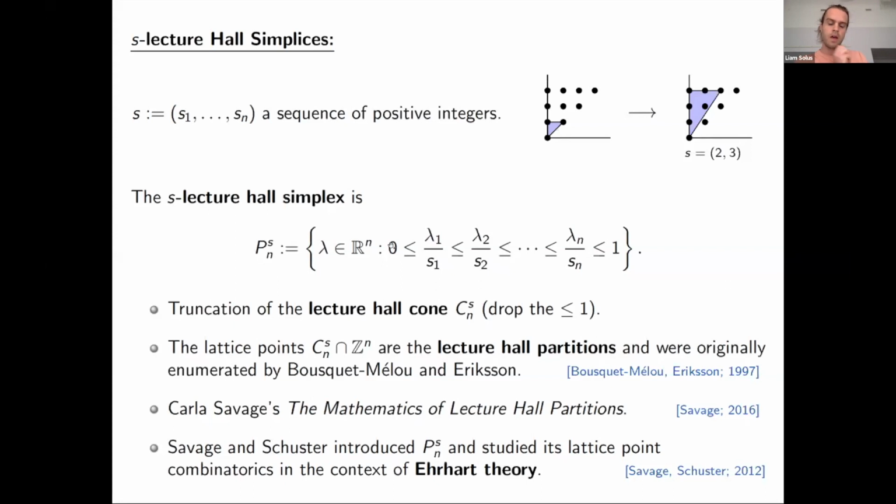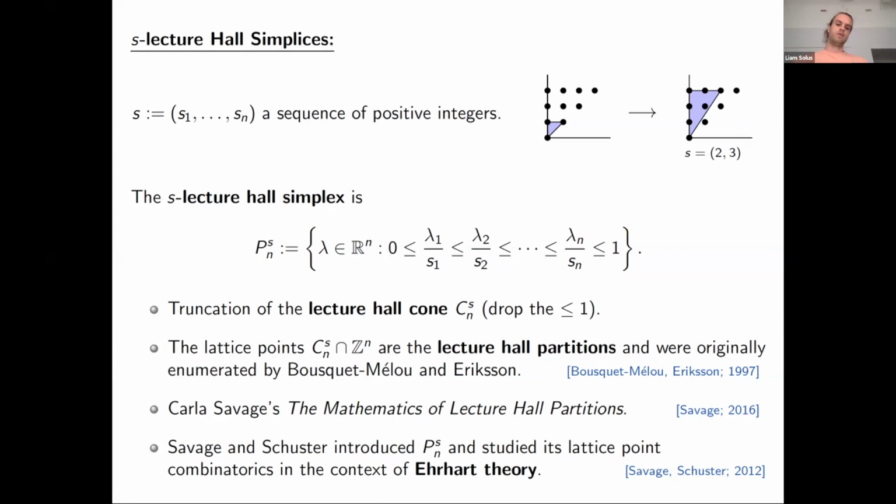So these objects have been studied for their lattice point combinatorics, but they're actually a truncation of the original object of interest, which was the so-called lecture hall cone, which is produced by dropping this less than or equal to 1 term here. The lattice points in the lecture hall cone are referred to as lecture hall partitions.